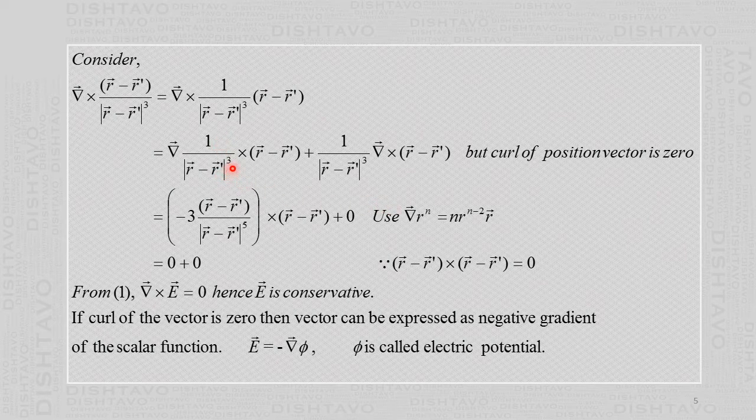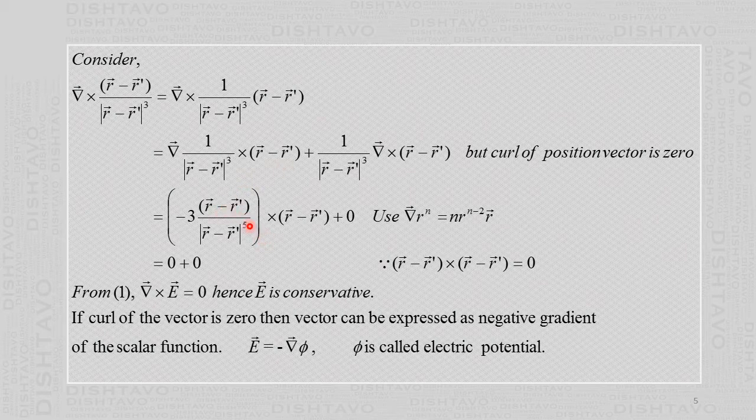So here n is equal to minus 3, so you will get minus 3. Then this raised to n minus 2, that means minus 3 minus 2, that is minus 5. And when it goes down in the denominator, it becomes modulus of r minus r dash raised to 5 into vector r. Vector r here is vector r minus vector r dash.